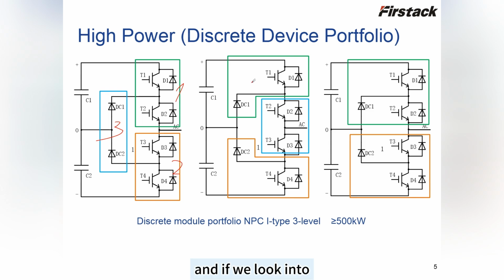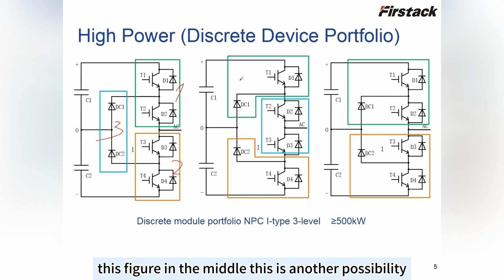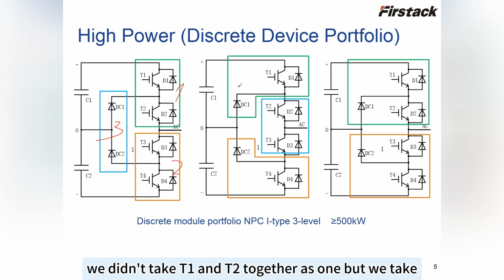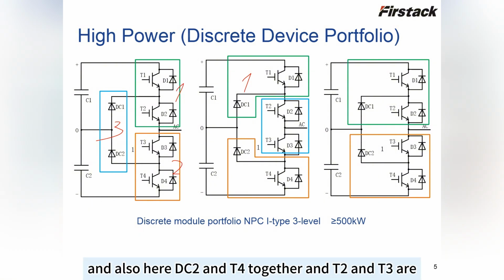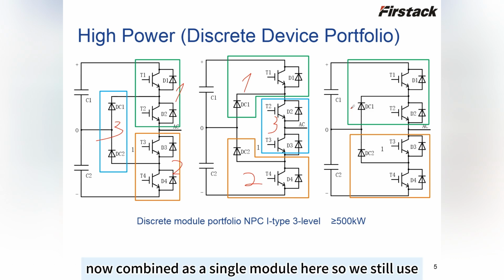And if we look at this figure in the middle, this is another possibility. We don't take T1 and T2 together as one, but we take T1 and DC1 together as one half bridge, and also DC2 and T4 together, and T2 and T3 are now combined as a single module.